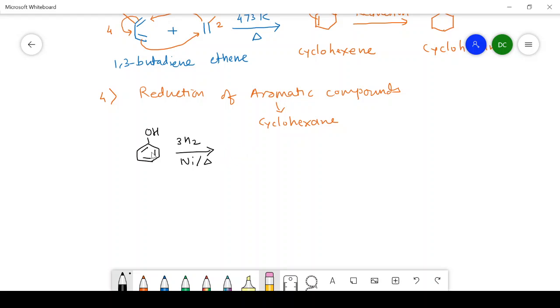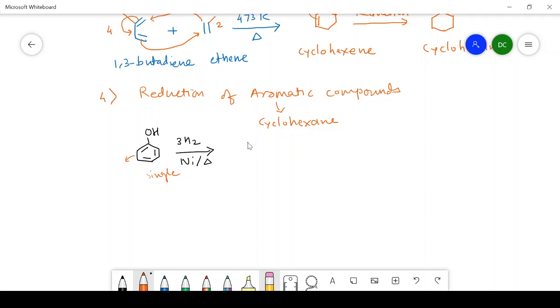Then what happens? This phenol which has an aromatic ring, this aromatic ring is totally reduced. It means that all the three double bonds are converted into single bonds.